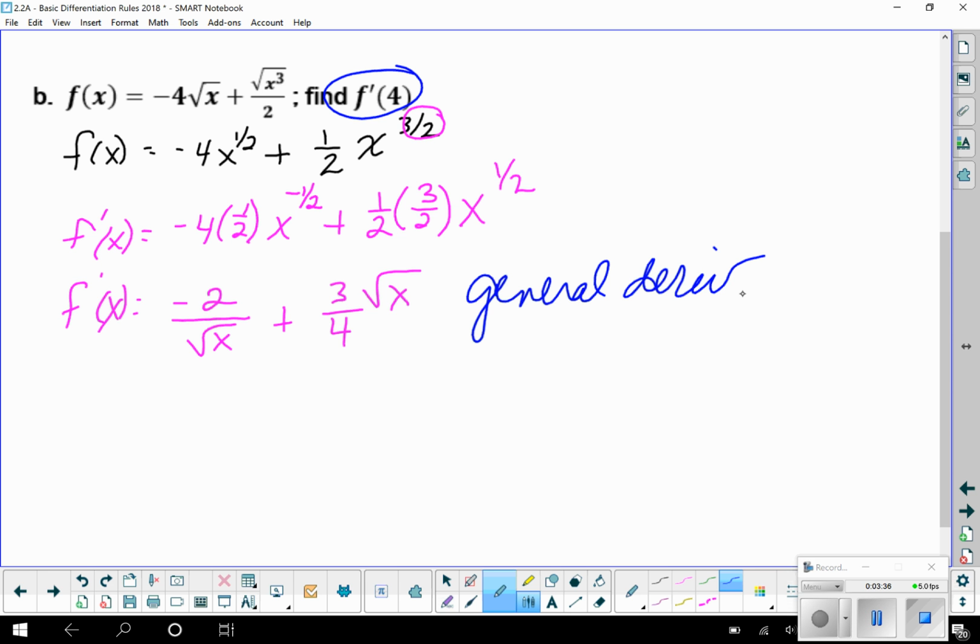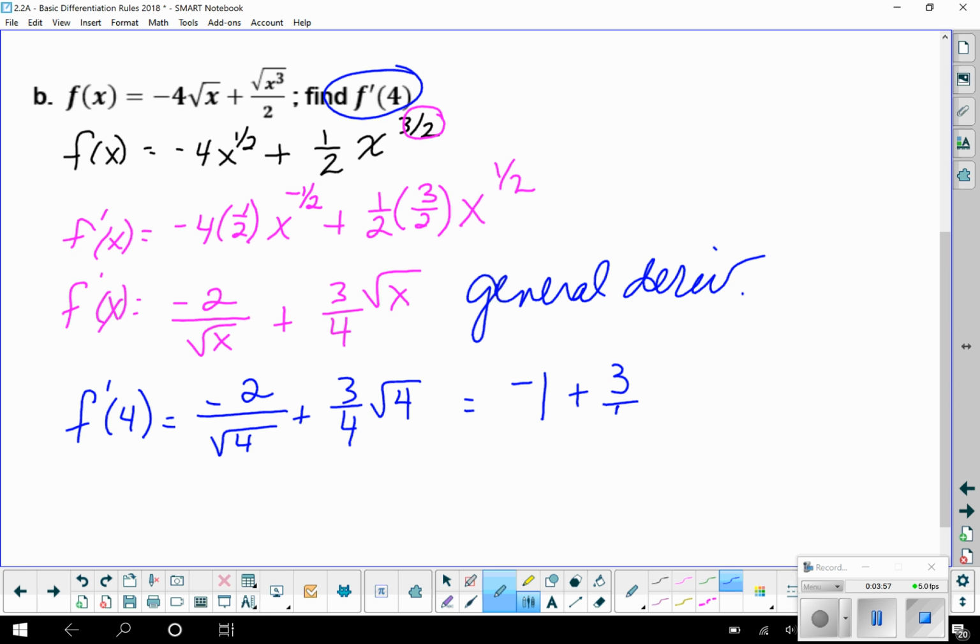And now we want to evaluate f prime of 4. And I'd have -2 divided by square root 4 plus 3/4 of the square root of 4. That gives me -2/2, or -1, plus 3/4 times a 2, which makes that -1 plus 6/4.